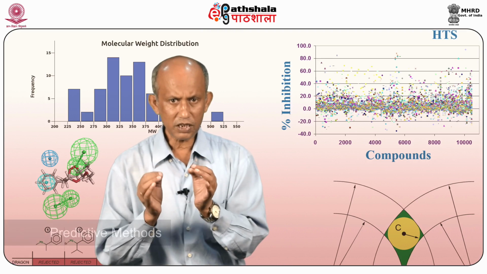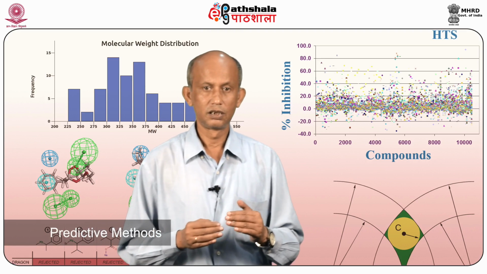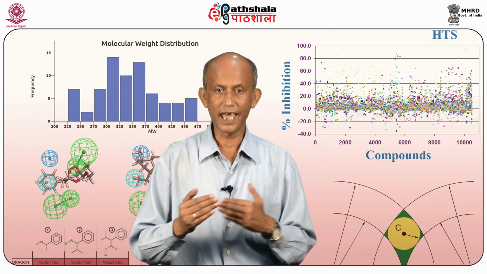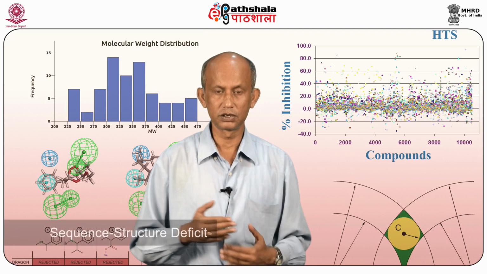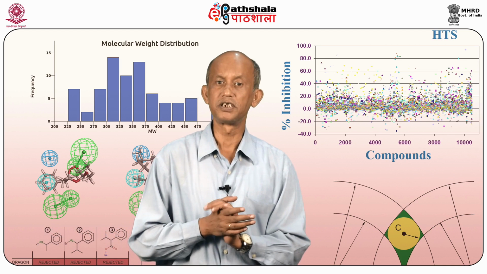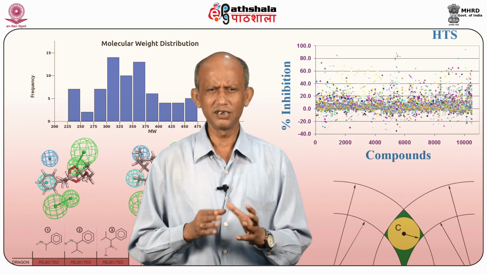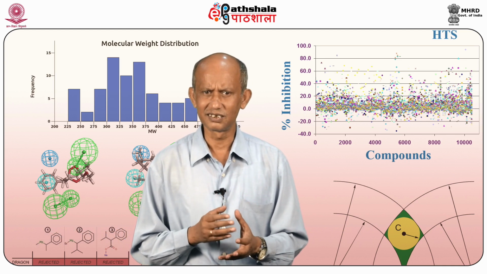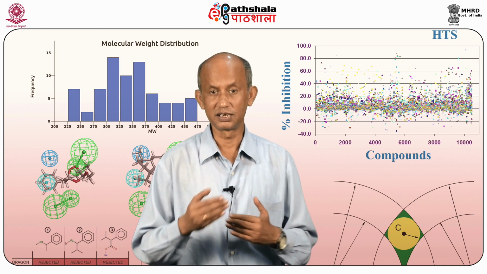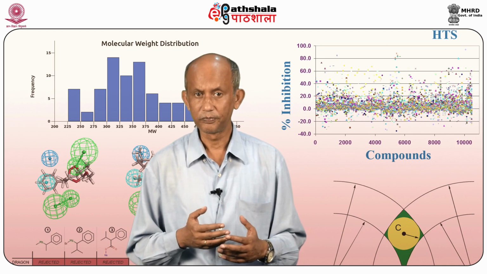So predictive methods, as I said just now, allow us to bridge this gap between the number of sequences and the number of structures. Even though predicted structures usually are wrong in certain details, they're nevertheless quite useful in designing experiments.